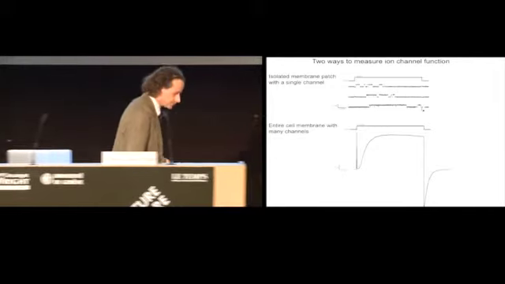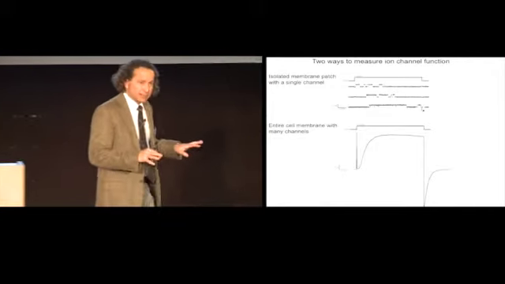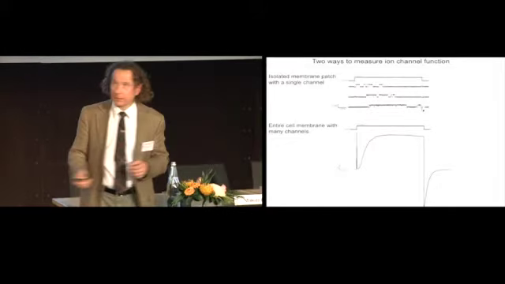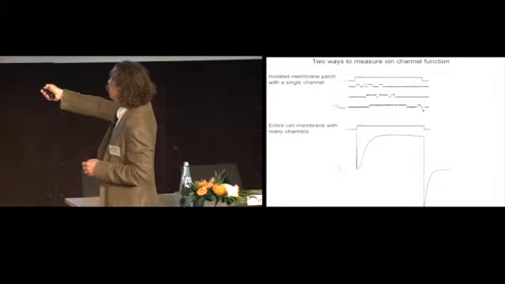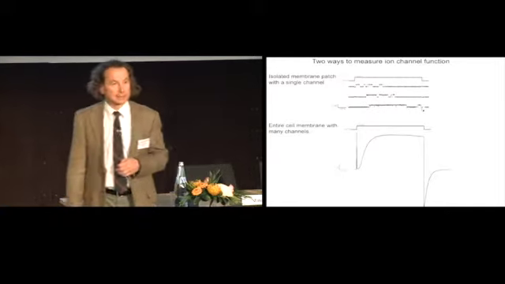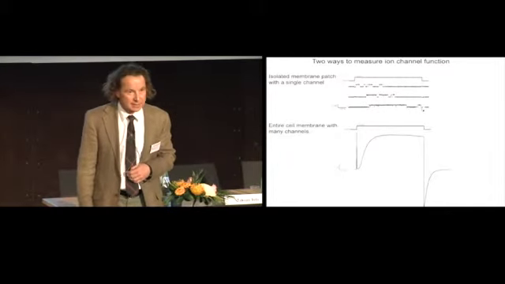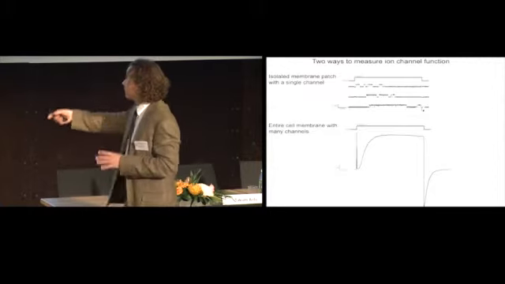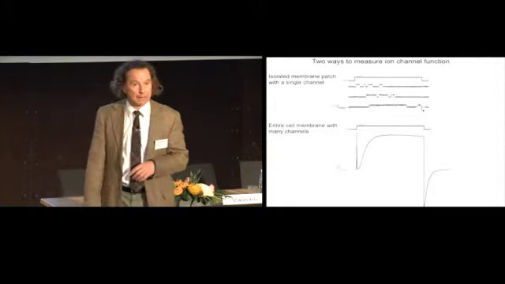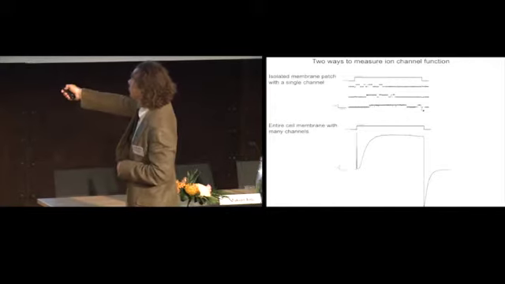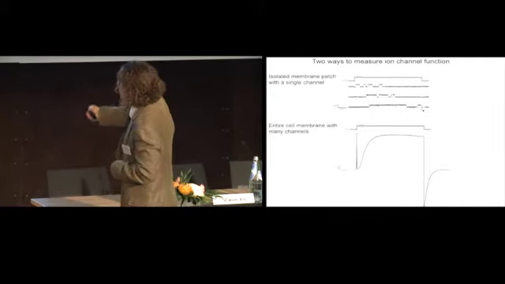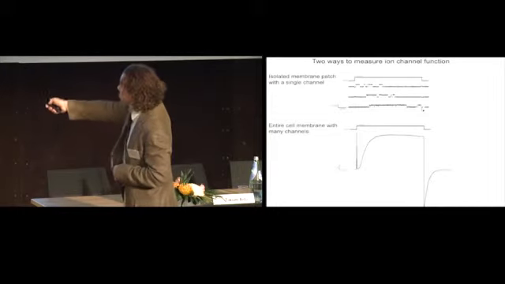Now, potassium channels. How many potassium channels do we have in our bodies? 78 is my last count. 78 different genes that encode potassium channels. This is called a family tree or a dendrogram. The end of one of these branches would represent a channel gene, and if you count around, this thing has 78 little branches on it.